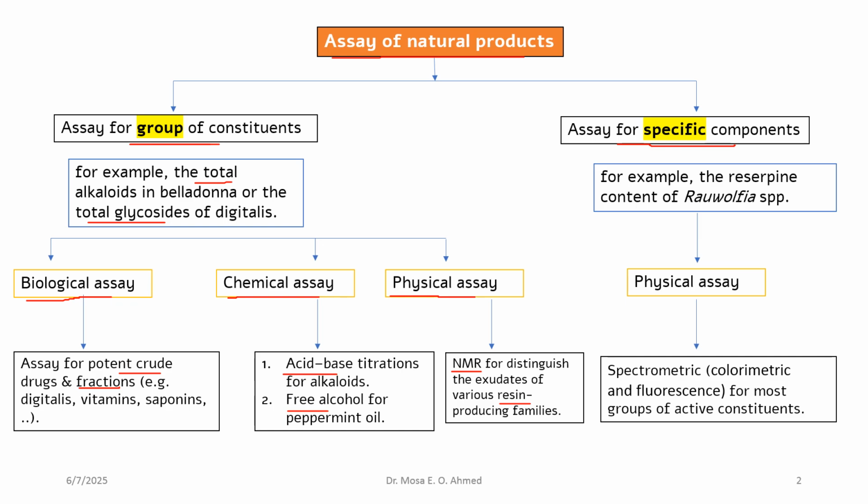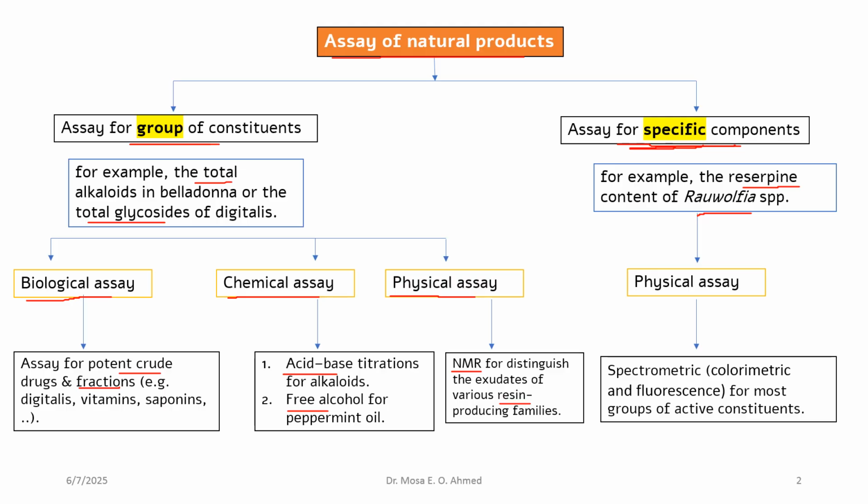The second class, let's say for specific component or for isolate, for example, determination of reserpine being isolated from Rauwolfia species or all Rauwolfia plant. A specific assay, this class of assays, we speak about in detail in this lecture.